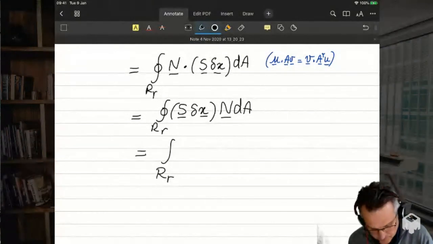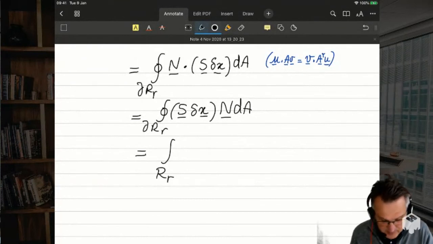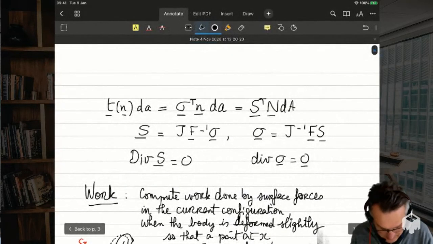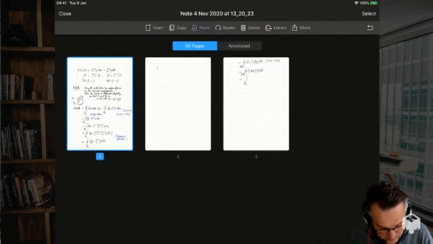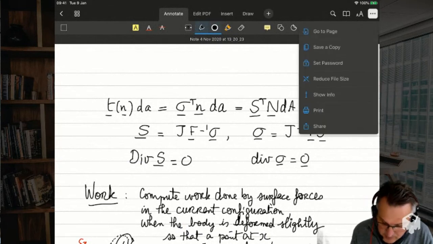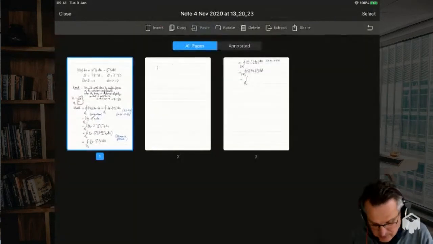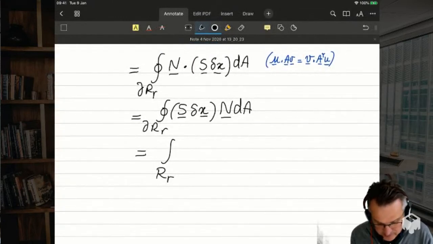So yes, I should have specified these were all integrals over surfaces. It's just frozen. I'll have to fix that when I save the lecture notes.